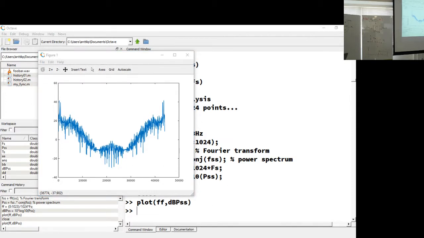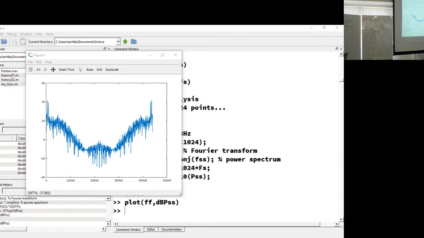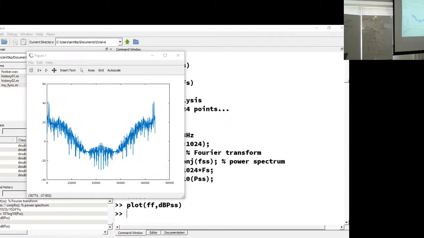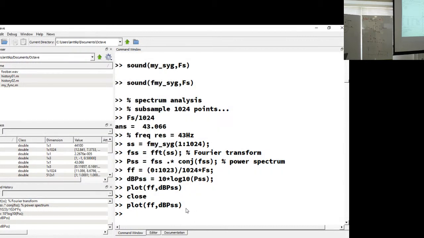Either zoom it or plot it again. Plot FF from 1 to 513 versus dBPSS 1 to 513.